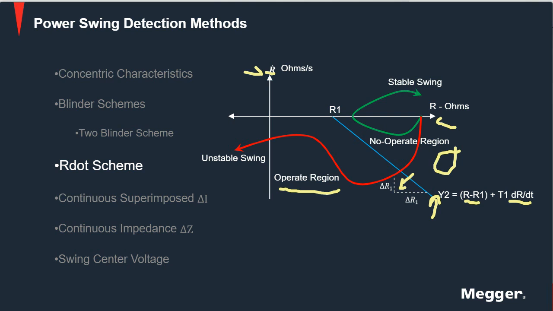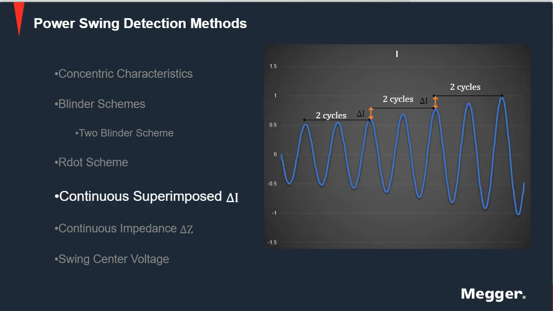Another one that's also mentioned everywhere is the one called continuous superimposed current variation. One characteristic of power swings is that the current doesn't increase very much, and it doesn't increase very fast, but it does increase steadily during the increase segment of the current of the power swing.